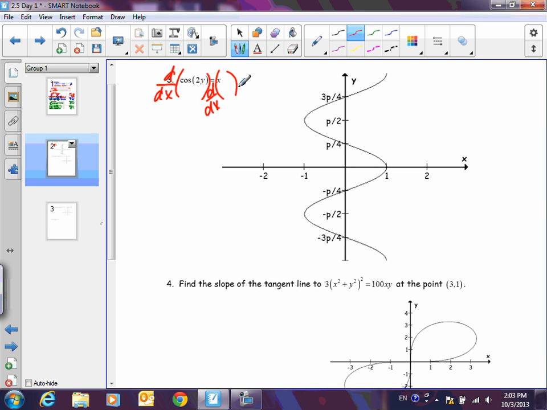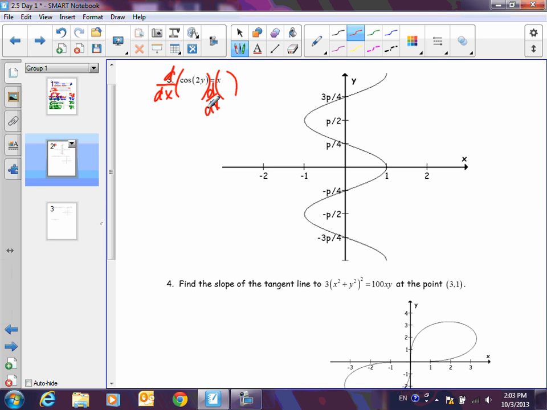If 2y was an x, you would just do chain rule things. Yeah, we're still going to do chain rule. But if this 2y was a 2x, there's no y at all in here. This problem we really couldn't find the derivative. It's going to need to have an x and a y in it.